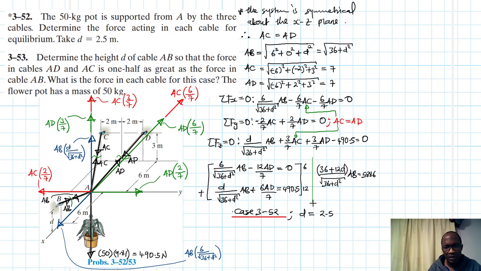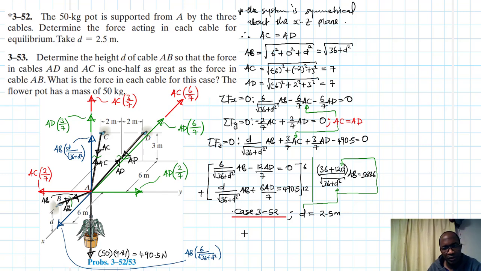So given D is equal to 2.5 meters for the first case, we can replace D in this equation. We can place it here, and we can also replace it there.